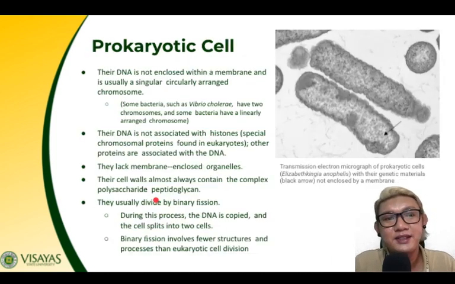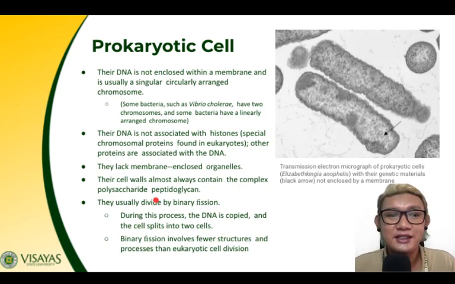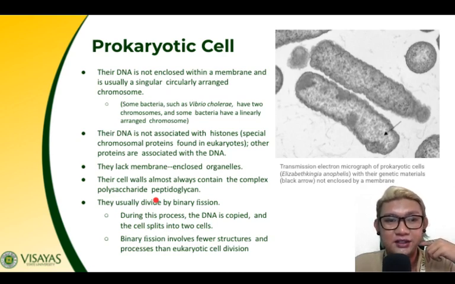In prokaryotic cells, the DNA is not enclosed within a membrane and is usually a singular, circularly arranged chromosome. Although some bacteria such as Vibrio cholerae have two chromosomes and some bacteria have a linearly arranged chromosome, these are very rare cases, because the majority of microbial cells have a singular circularly arranged chromosome.